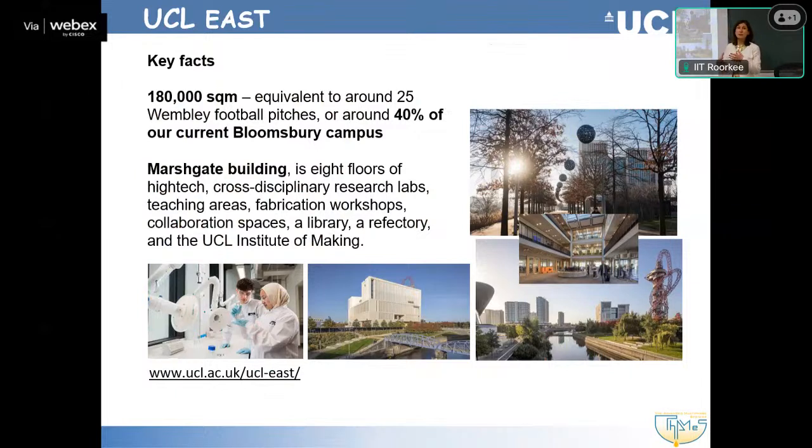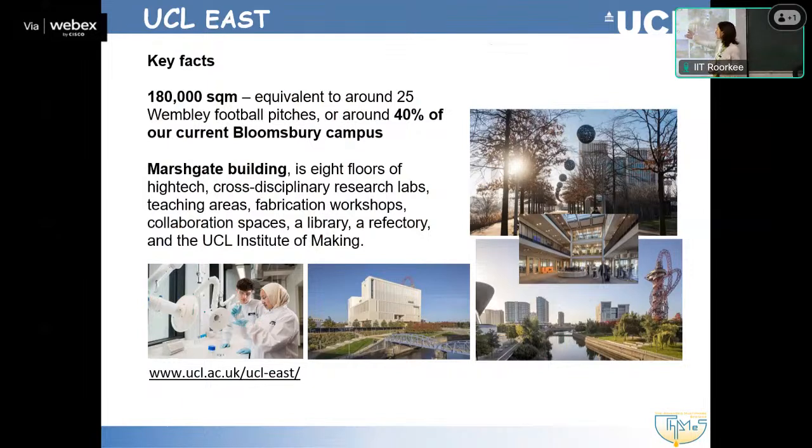Here are some facts about it and some photographs. That's the outside of this new building, the Marshgate building, where we in engineering and chemical engineering have labs, and some different images and details of what it contains.